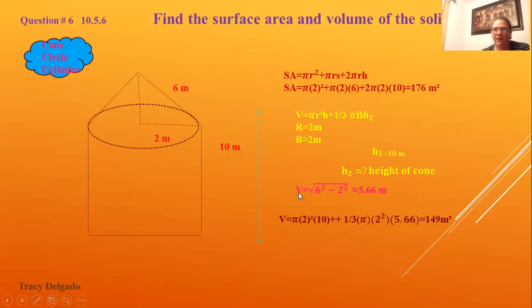We do the square root of 6 squared minus 2 squared, and that is approximately equal to 5.66 meters. And our volume equals pi times 2 squared times 10 plus 1/3 pi times 2 squared times 5.66, and that will equal 149 meters cubed.